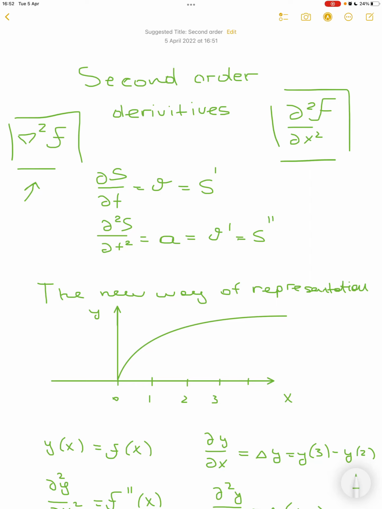The first order derivative of some distance with respect to time is just the speed of the object, or you can write it as s prime. And the second order derivative of some distance with respect to, again, time, will be just the acceleration of the object, or v prime or s double prime.